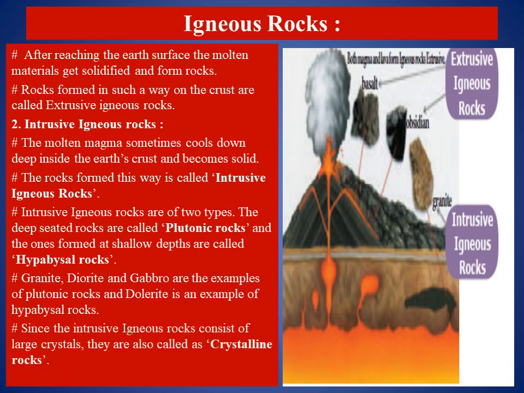Since the intrusive igneous rocks consist of large crystals, they are also called crystalline rocks. So when magma cools beneath the earth's surface, those are all called intrusive igneous rocks.